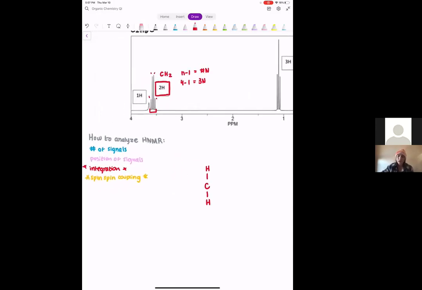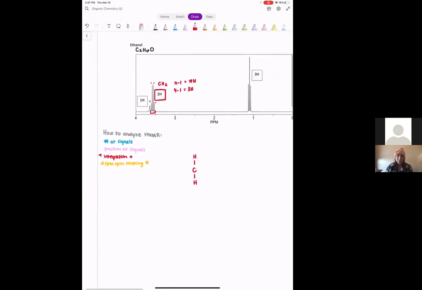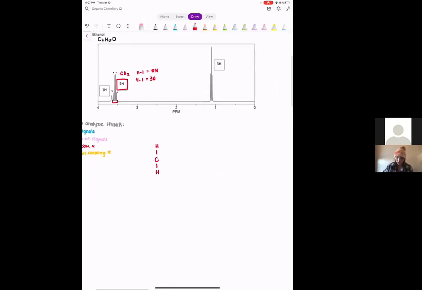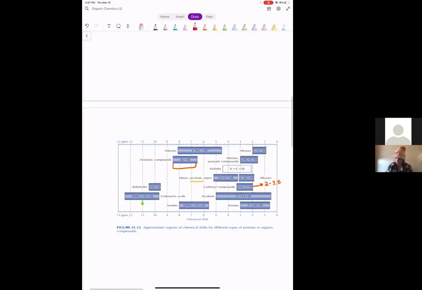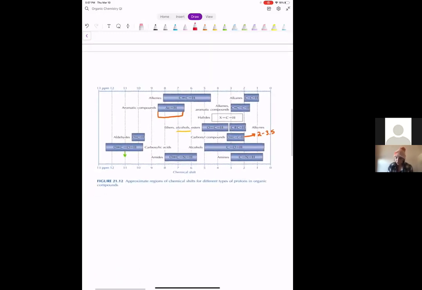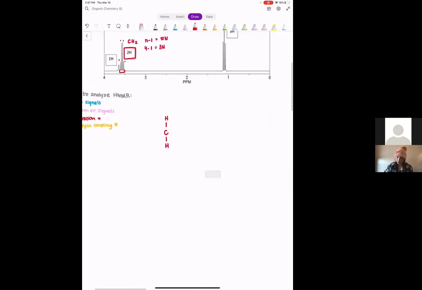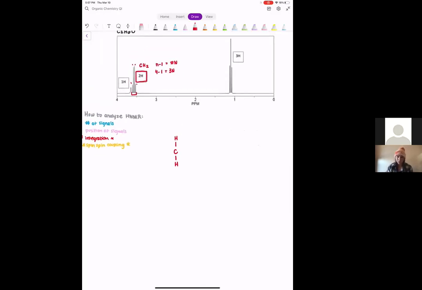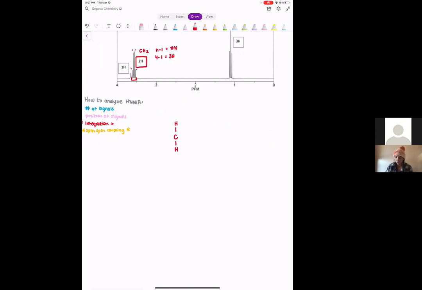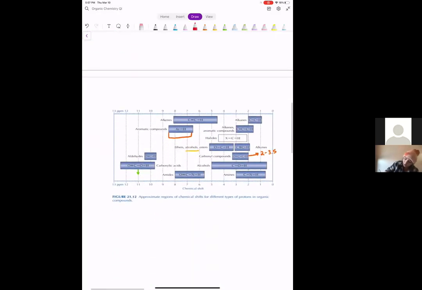Now we can look at the relative location of the signal to figure out what it is. For these kinds of problems, I like to have a chart pulled up because charts really help me. This chart doesn't have anything that's going to help us a lot as far as a functional group attached to 2 H's in that range. However, we know that electronegative atoms push things all the way downfield, where this is downfield.